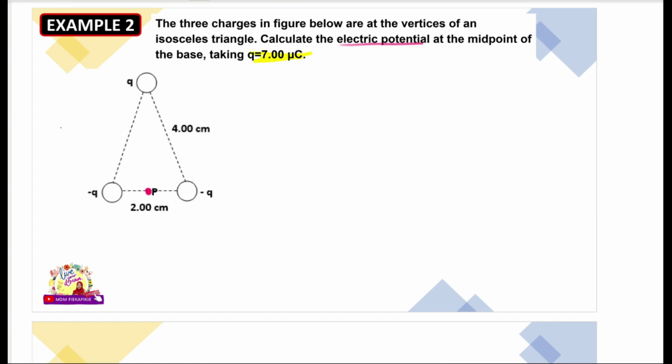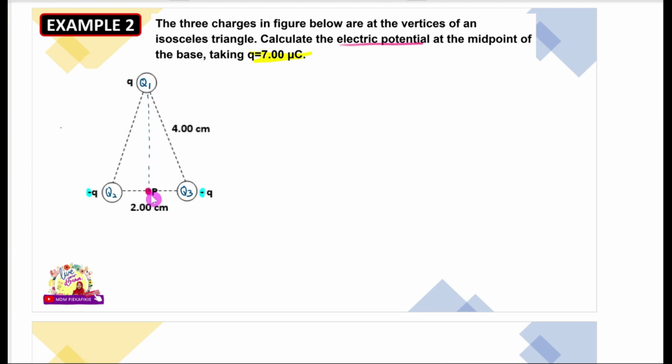But before we start, let's calculate the distance between Q1, kita namakanlah ni Q1, and this one is Q2, and this is Q3. Tengok dekat sini, Q2 kita adalah negatif. Dalam calculation, jangan lupa masukkan negative sign. Jarak point P dengan Q1 kita boleh kira.